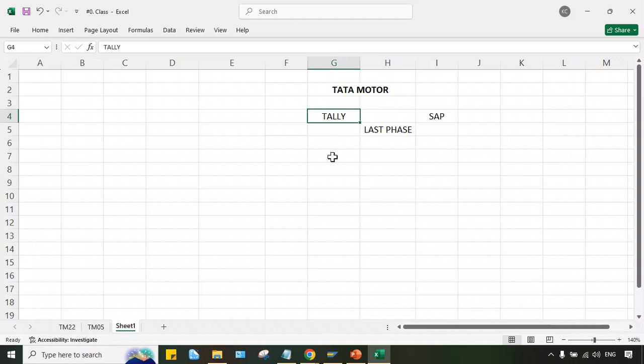Why? Because let's suppose in the legacy system there are certain transactions, okay? So we have migrated from here to here. Meanwhile, if the end users, in the sense employees of Tata Motors, right? So an employee of Tata Motors will be called a user or end user. If those people keep on posting transactions in the legacy system, then what happens?